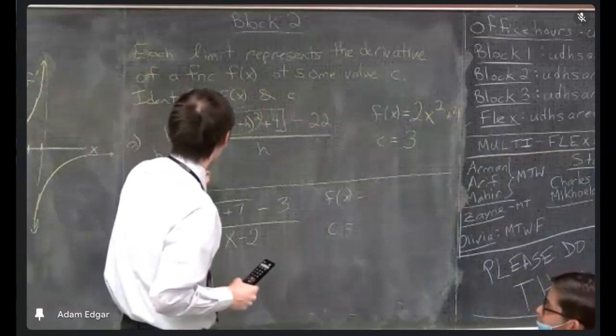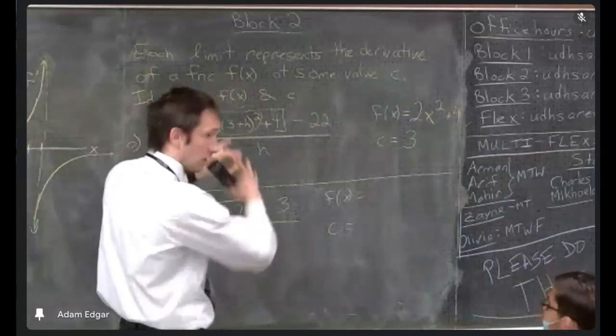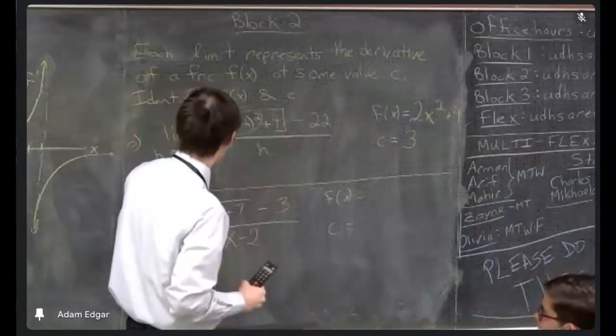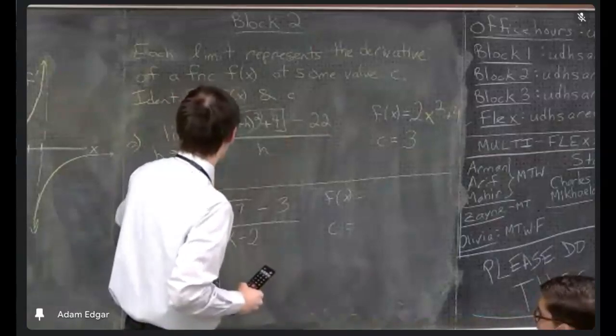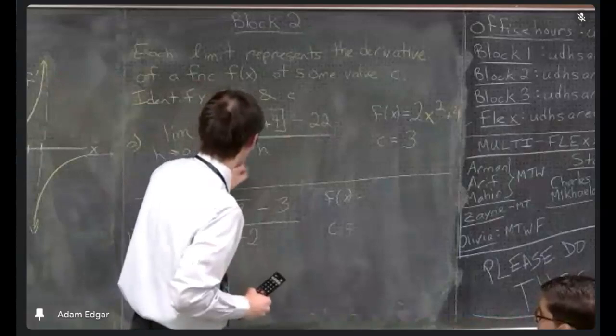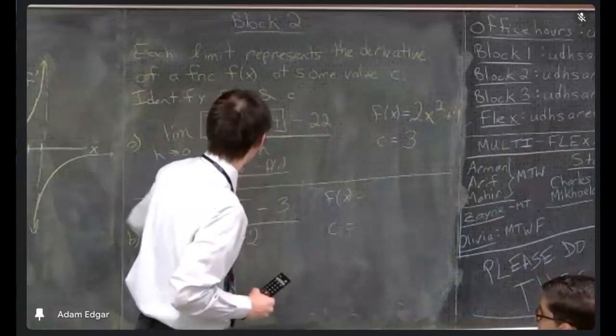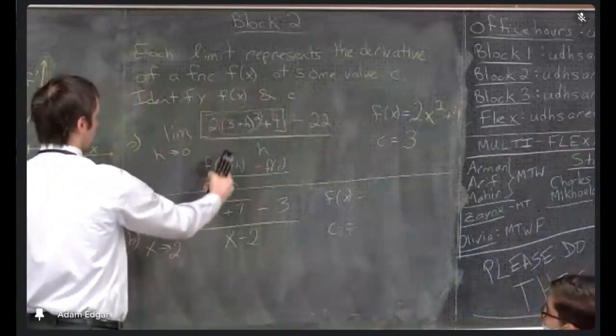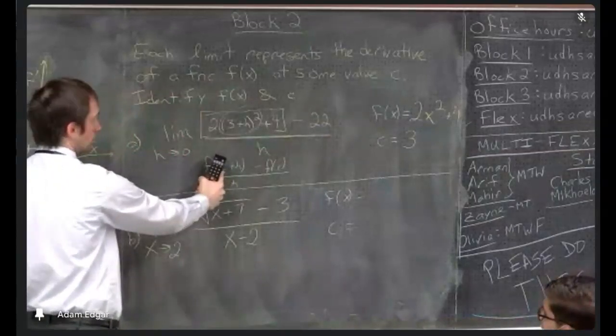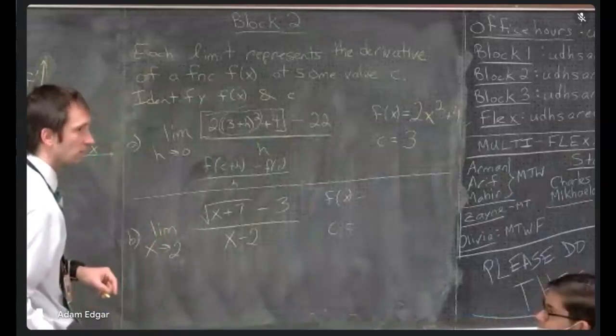Because the generic formula is f of c plus h minus f of c all over h. And so 3 is in the c slot. So that's why.